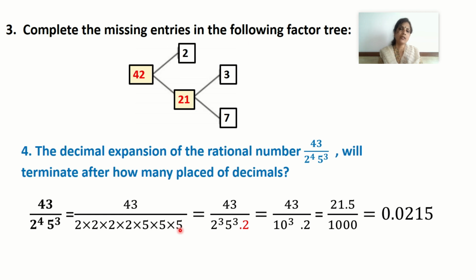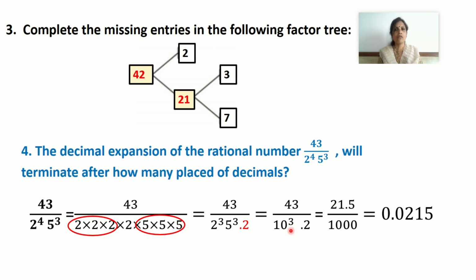If you check the denominator carefully, I have 2 raised to 3, I have 5 raised to 3, and this 2 is the one other factor, because I want to write the denominator as a power of 10 so that I can place the decimal point. So here I can write this number as 43 upon 2 raised to 3 into 5 raised to 3, into 2 I'll write aside, because 2 into 5 is 10 and 10 raised to 3 I am getting.